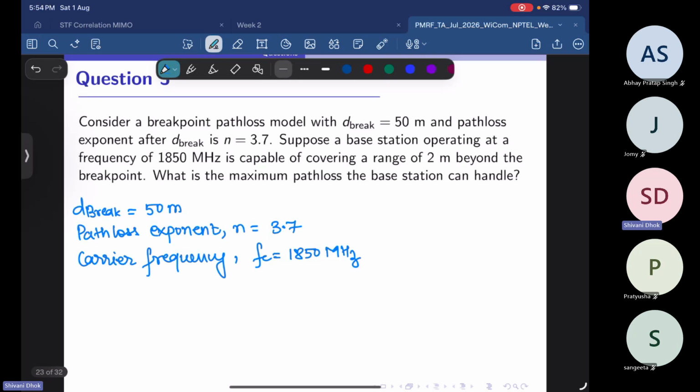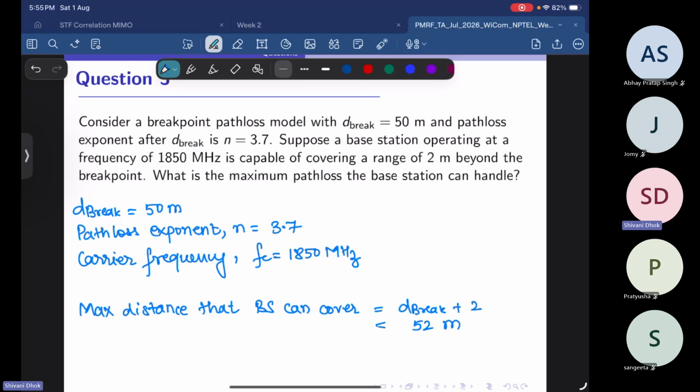So the maximum distance that the base station can cover is your D break plus 2 meters, that is 50 plus 2, that is 52 meters.